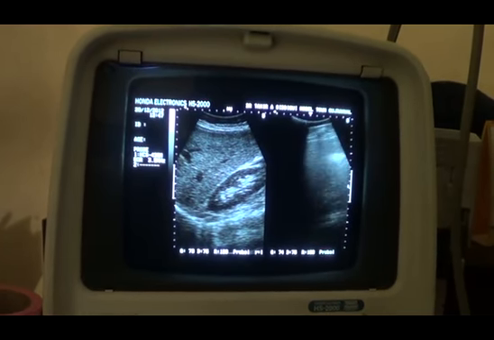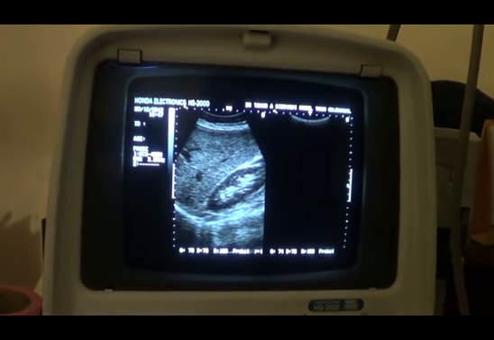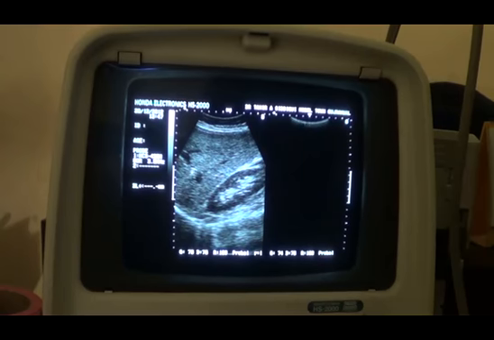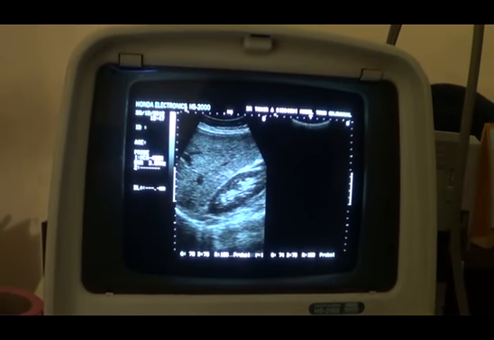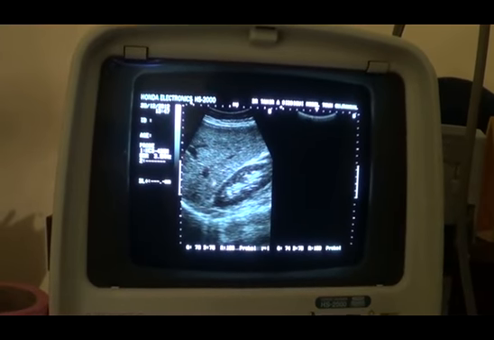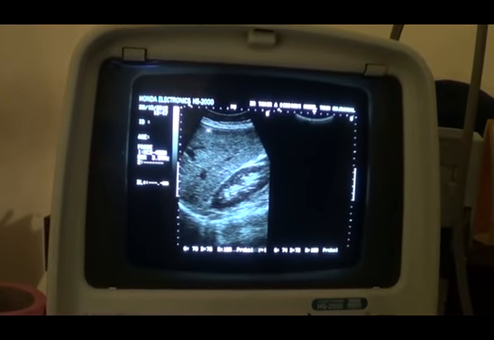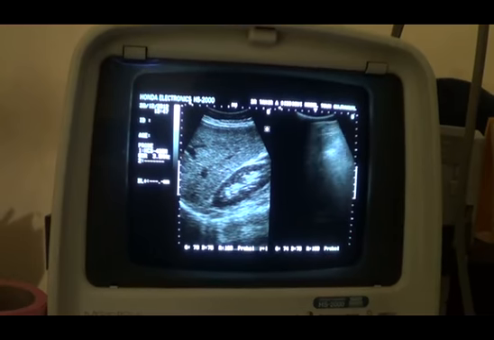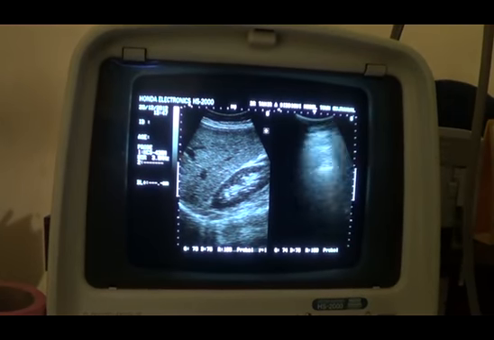Now this is a liver with normal parenchymal echogenicity, as it should be, homogeneous texture and sharp vessel margins, smooth outer surface. Now I'm going to show you another liver.